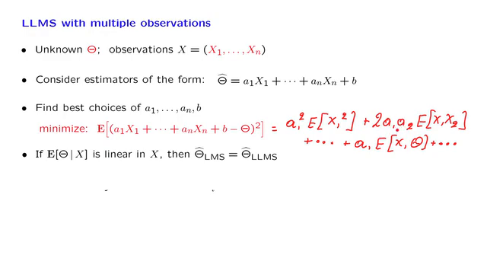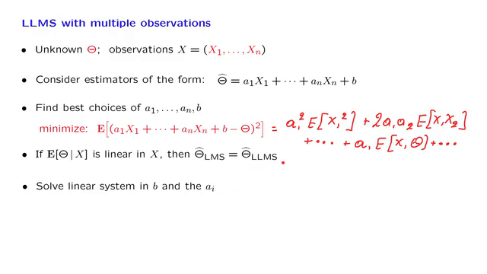The conclusion out of all this discussion is that when you actually go and carry out this minimization by setting derivatives to 0, what you will end up doing is solving a system of linear equations in the coefficients that you are trying to determine. And why is this interesting? Well, it is because if you actually want to carry out this minimization, all you need to do is to solve a linear system, which is easily done on a computer.